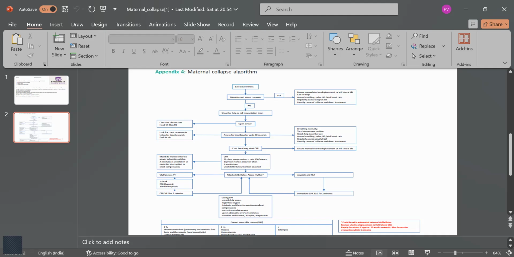Now, the examiner will ask you the third question: what are the reversible causes of collapse? You need to say we have reversible causes, the 4H and 4T. One is hypovolemia, which is bleeding because of hemorrhage.